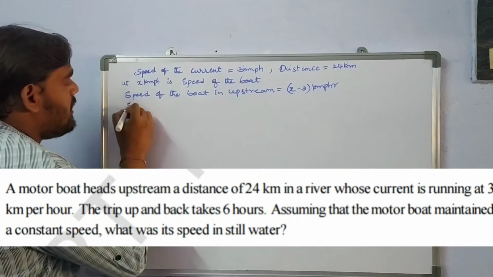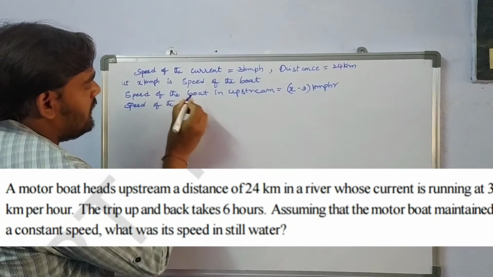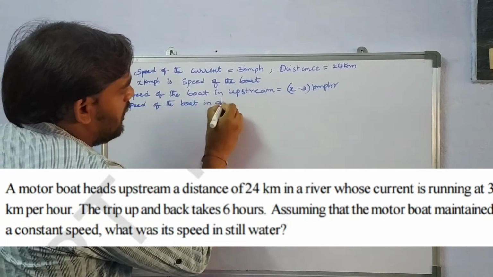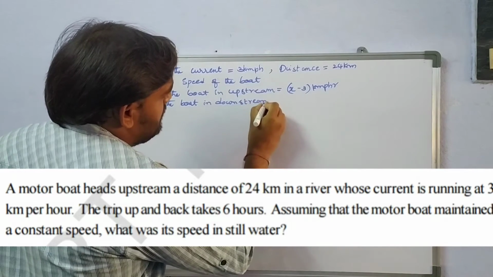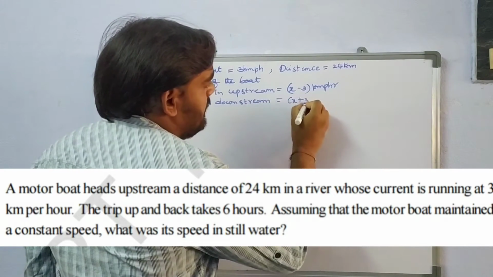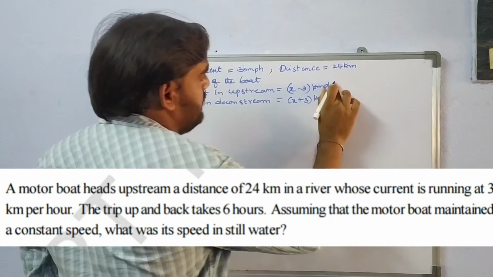See next, the speed of the boat in downstream is equal to x plus 3 kilometer per hour, kmph.